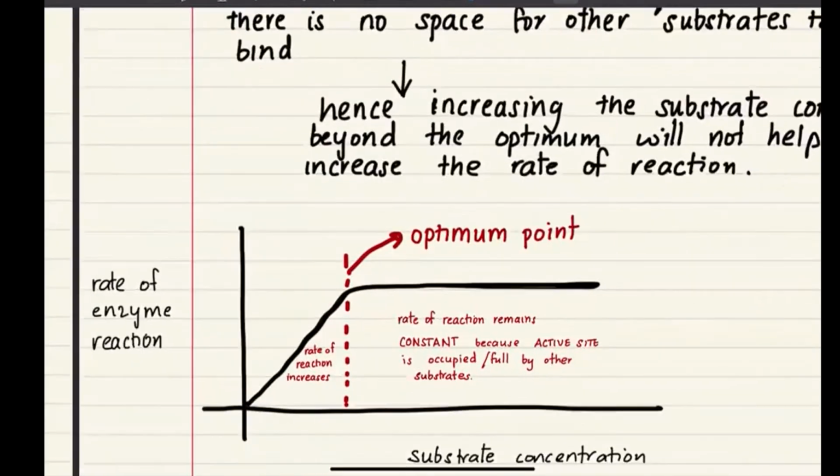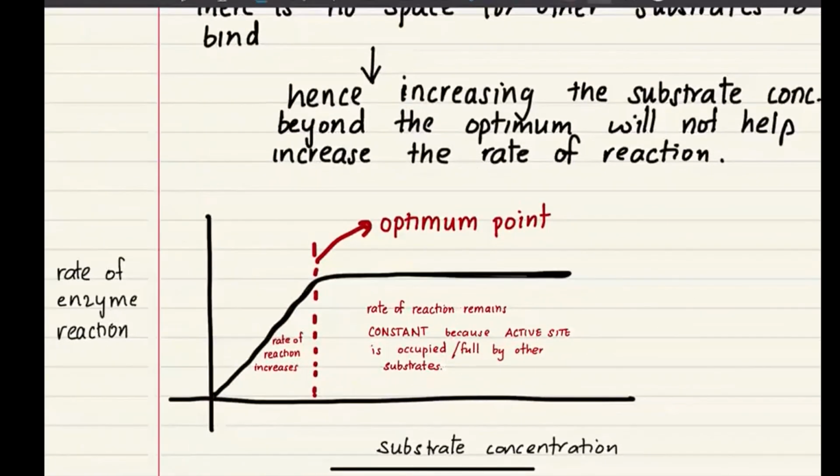So the key term to remember over here is that the reaction is going to remain constant. This is a keyword because the active sites are occupied by other substrates. The key phrase to remember in the exam would be that the rate of reaction remains constant if the substrate concentration increases, all right?